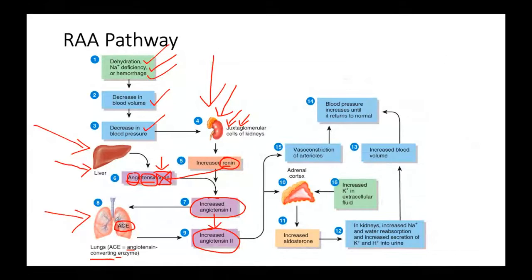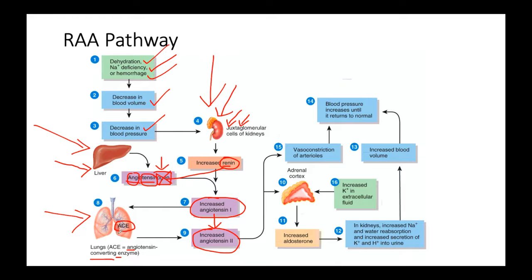Okay, so now we had low blood pressure, right? We had maybe dehydration, decreased sodium, hemorrhaging, we had a decrease in blood volume, decrease in blood pressure. The juxtaglomerular cells of the kidney detected that there was low pressure, so it released renin that bumped into angiotensinogen that was produced by the liver. The renin activated the ogin, and now we got angiotensin 1.